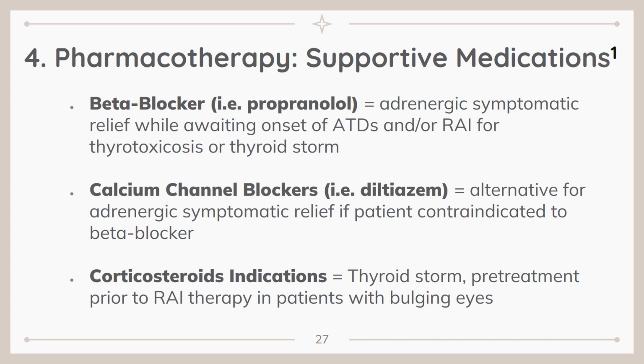If patients are not able to take beta blockers or are contraindicated, we can start them on calcium channel blockers such as diltiazem. Any corticosteroid indications would be for patients who have thyroid storm, or who need pretreatment prior to RAI therapy with those who have those bulging eyes.